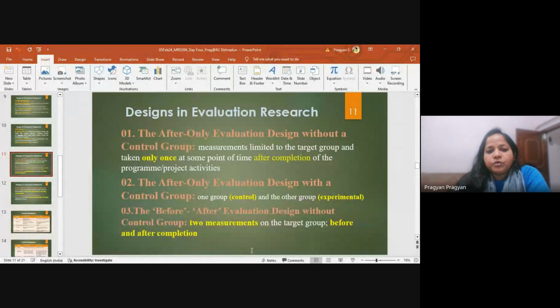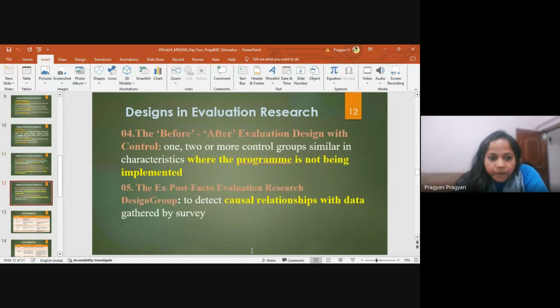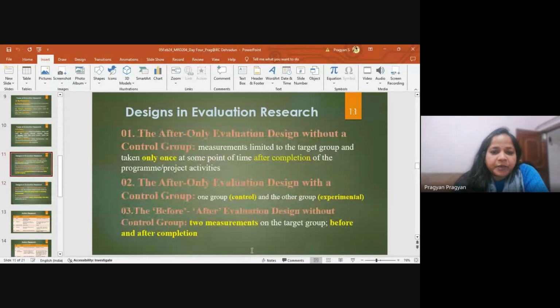It is not only experimental research design, because in some dimension or the other, in all those five types, number one, two, three, four, five, you are actually experimenting with the intervention. But can we call it only experimental research design?